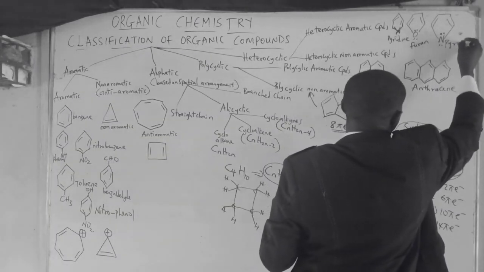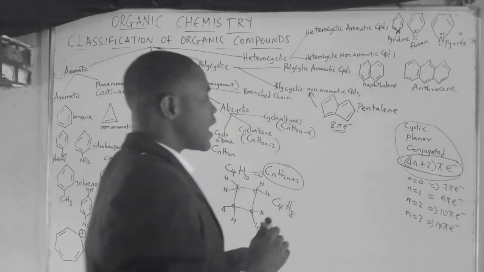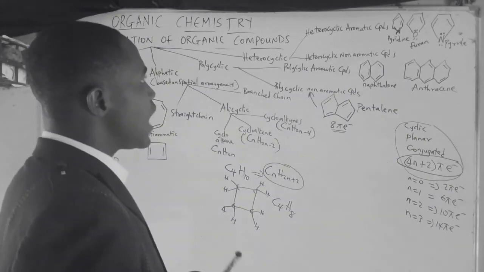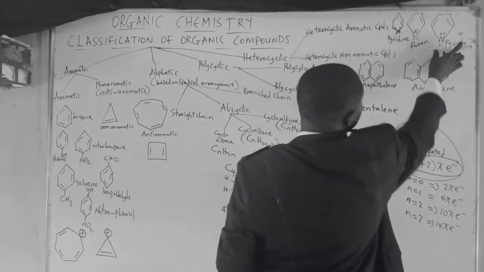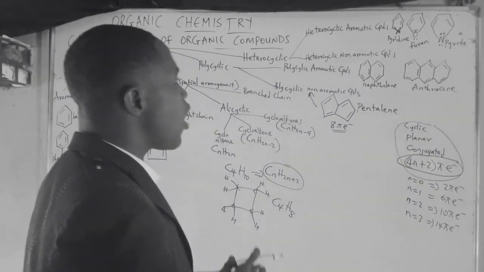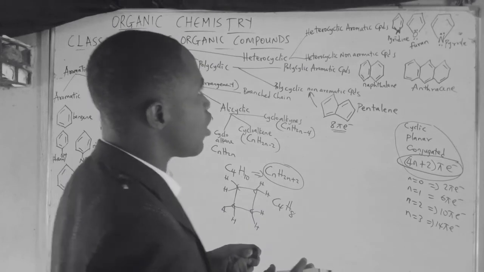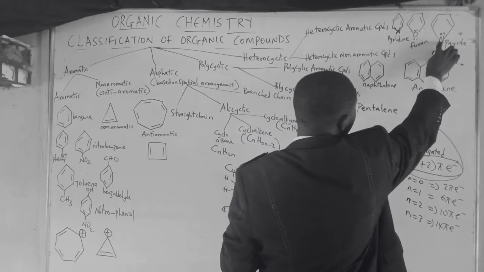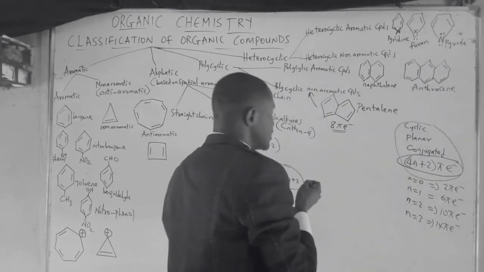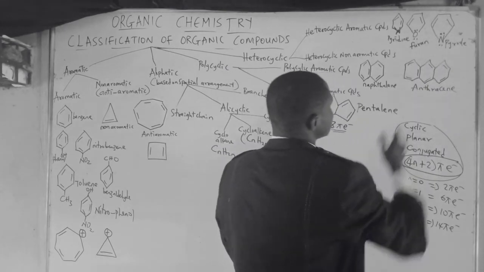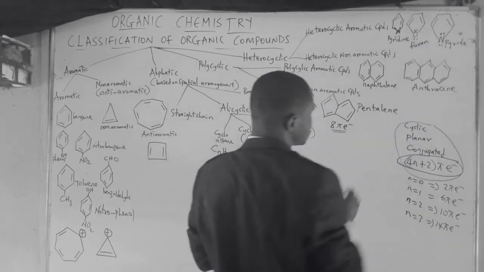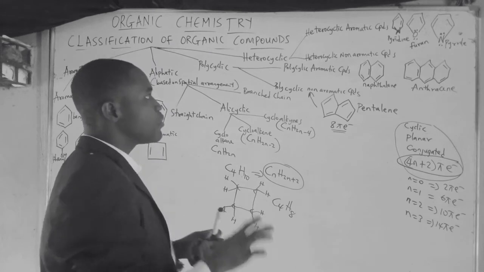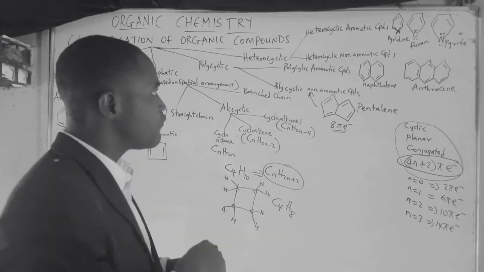And so on. Other examples are thiophene and so on. Now, it is noted that pyrrole is more aromatic than furan. Why? Because the nitrogen atom it contains is less electronegative than oxygen. So because it's less electronegative than oxygen, it's said to be more aromatic than furan.